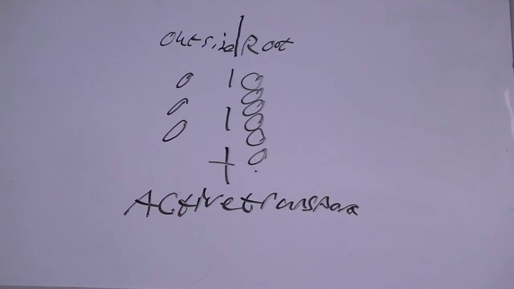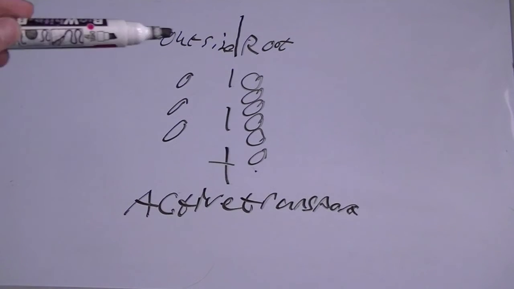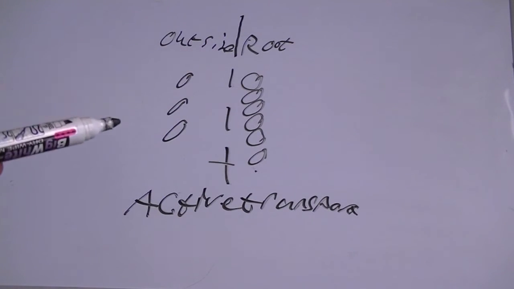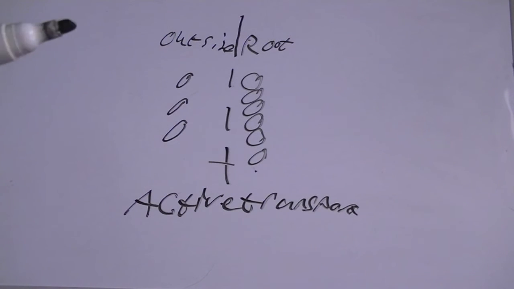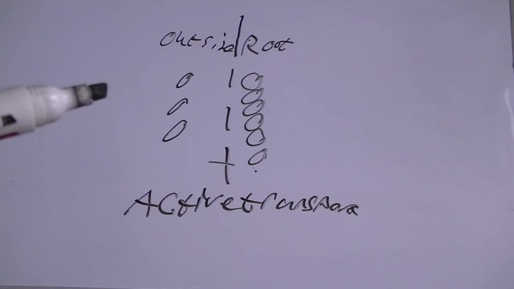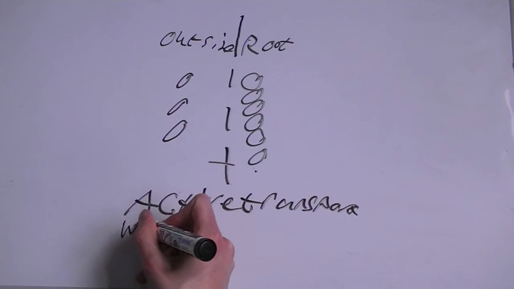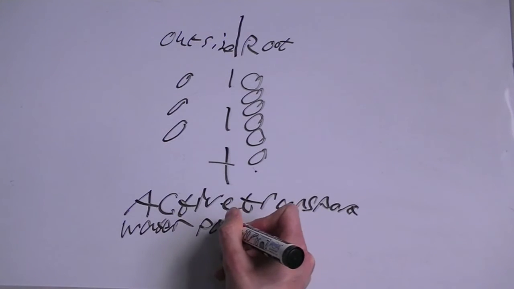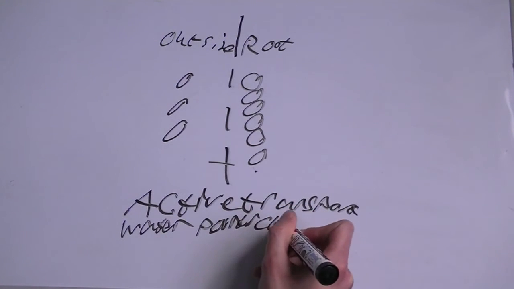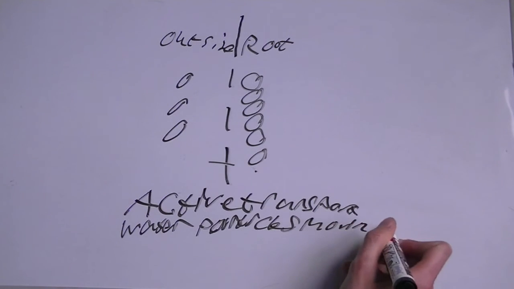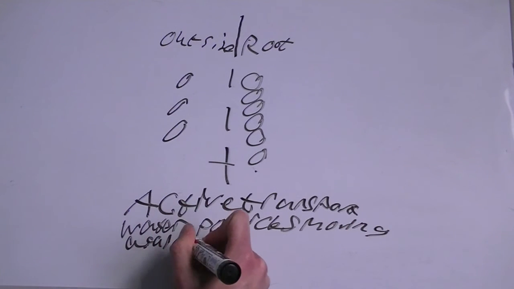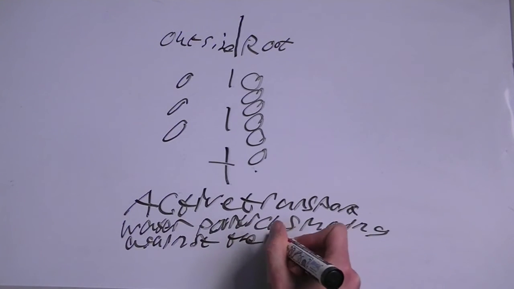Now, what active transport is, is these particles here moving against the concentration gradient, as it's known. So, moving in the opposite direction to what it should. So, instead of moving to an area of lower concentration, which is what should happen in osmosis, it moves to an area of higher concentration. And I'll write this down for you. So, water particles moving against, and it's called the concentration gradient.